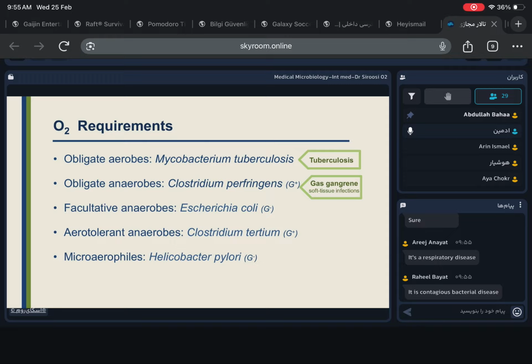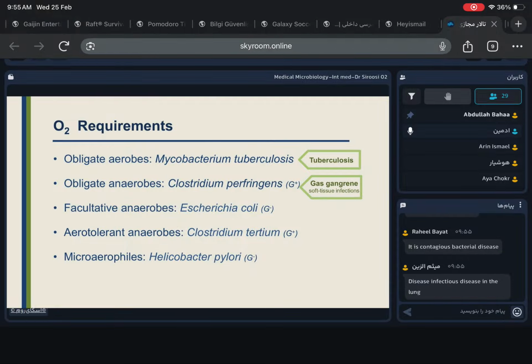It's a respiratory disease. It's contagious. Yes, it's a contagious bacterial disease. The patient who's suffering from tuberculosis coughs, sometimes bloody coughs. They have fever. They lose weight. Sometimes Mycobacterium tuberculosis is highly resistant to antibiotics, and it's possible that you lose your patient.